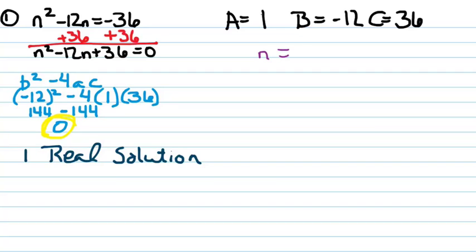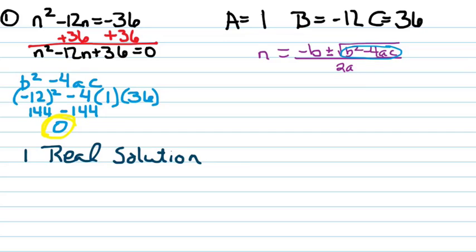So n equals, and I usually do this over 2 lines, that way I have room to work everything. So opposite b plus or minus the square root of b squared minus 4ac all over 2a. Well, we've already found the b squared minus 4ac, so we already know what this number is. We don't have to find that again. So we're going to replace that with the 0.